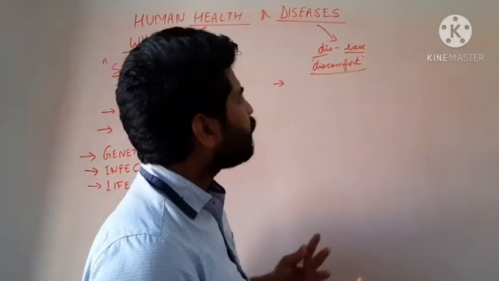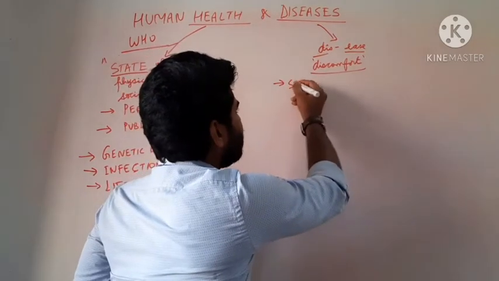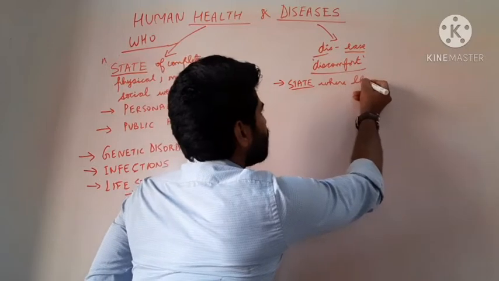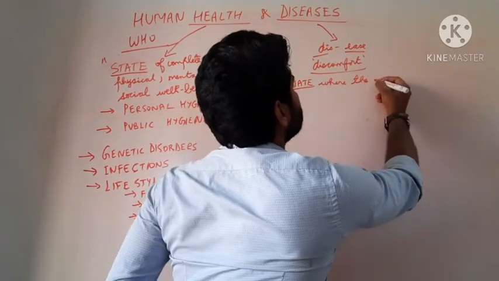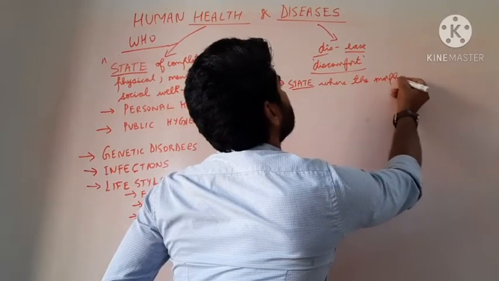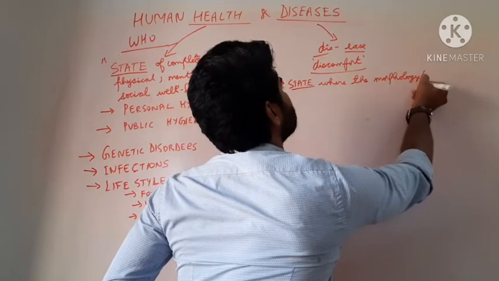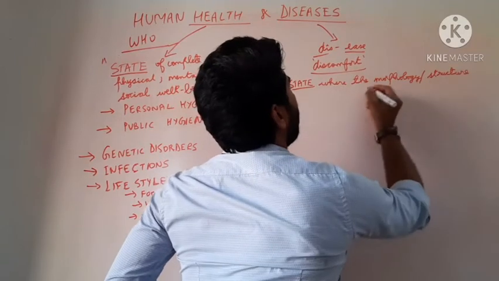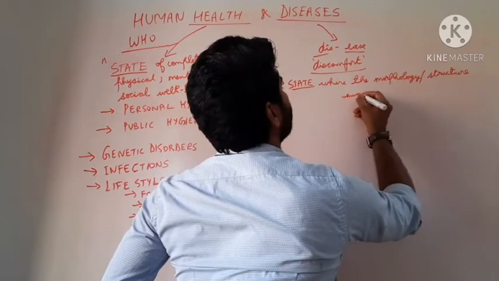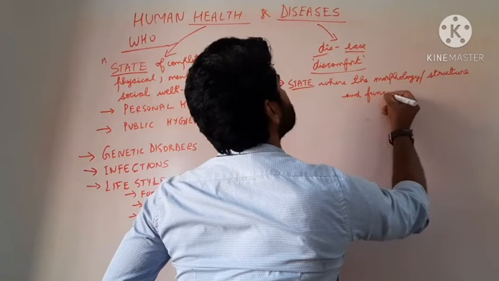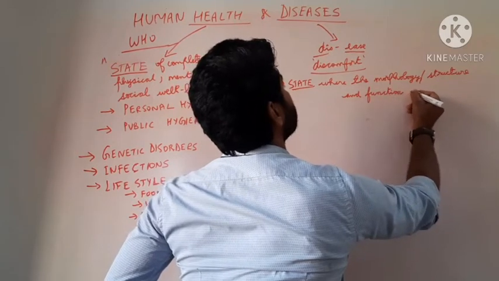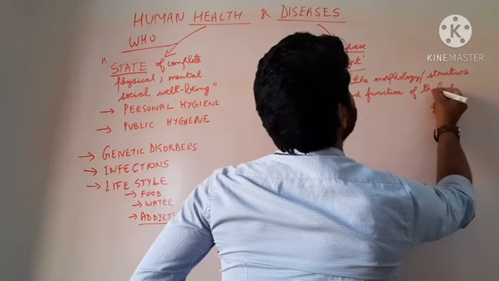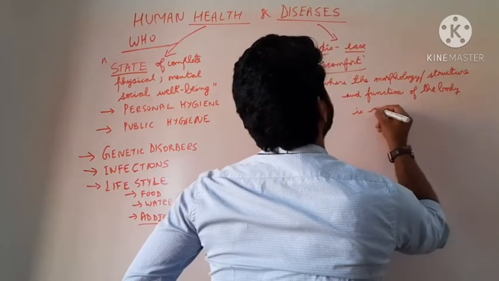So to define disease, it is a condition or state where the morphology, that is the structure, and functionality of the body is disturbed. Function of the body is affected or it is disturbed.